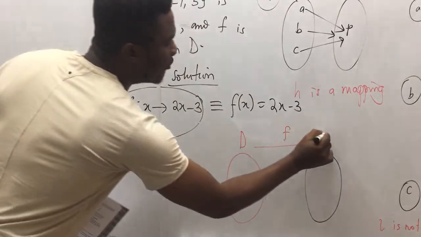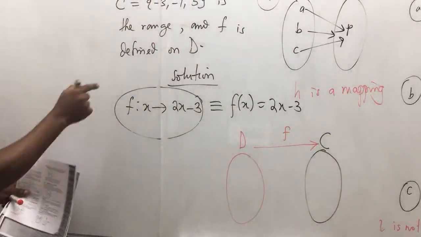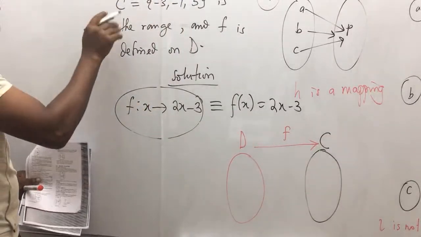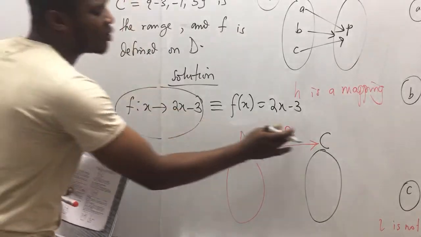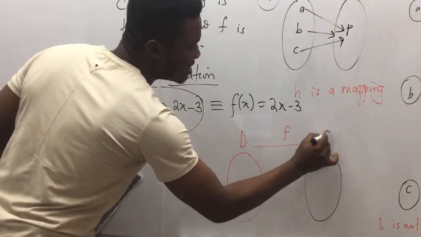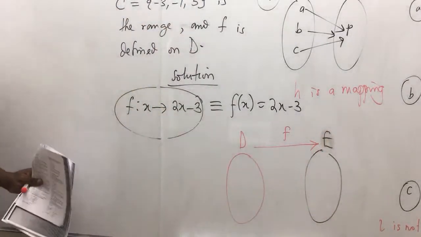So the codomain is called C in this case. But C is the range. Okay, so let's call the codomain something else. Since C is the range, I'm going to call the codomain E.